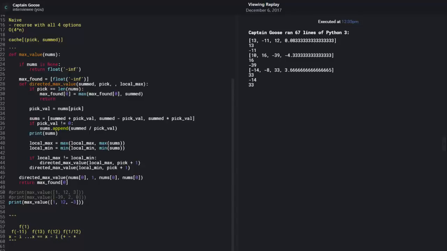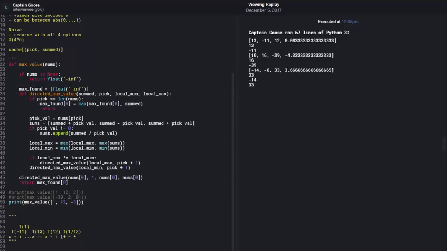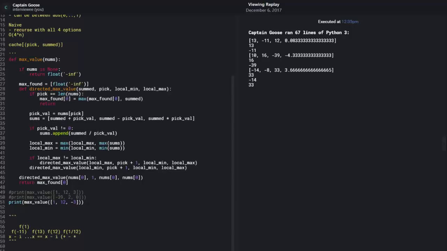No. Oh, right, and then the other values are supposed to be that you have your local max plus your operations or your local min, right?